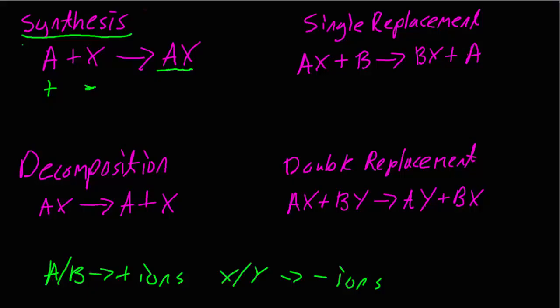A great example of this is the reaction of hydrogen gas and oxygen gas. It's a neat little reaction you can do, because if you give it a little zap, it will produce H2O. Hydrogen's your A, oxygen's your X, and they mix together and form one substance.